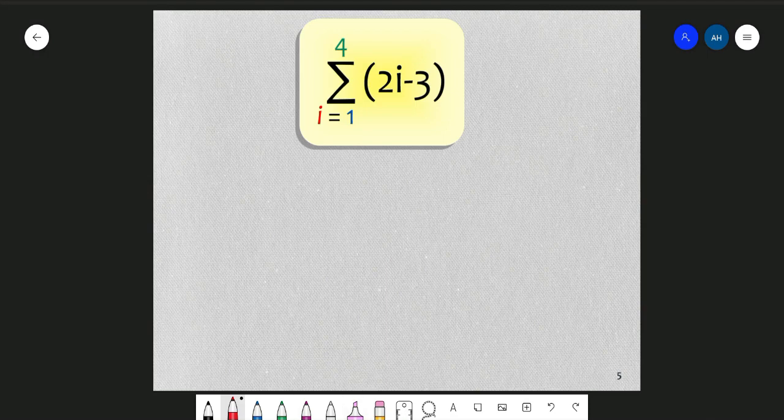In this problem we are given a series in the form of summation notation, that is the sum of 2i minus 3, I starting from 1 to 4.